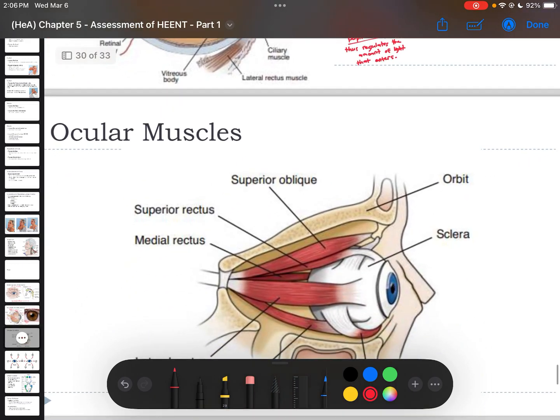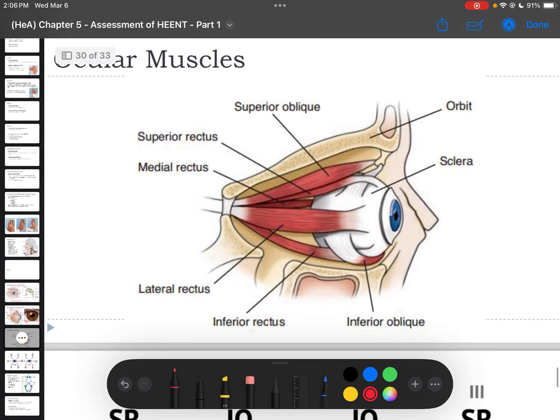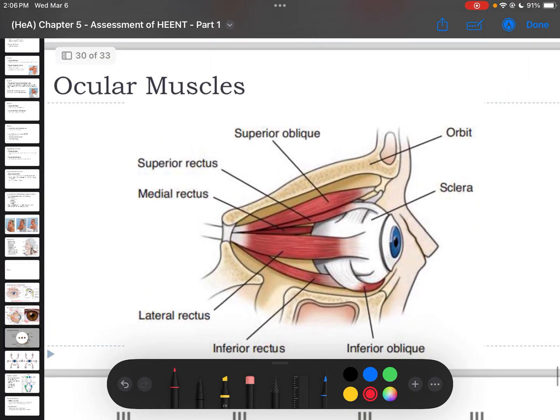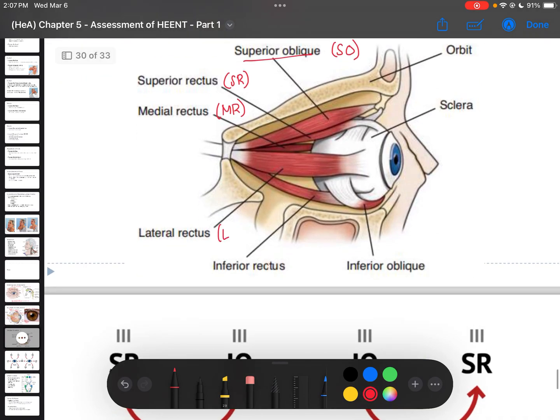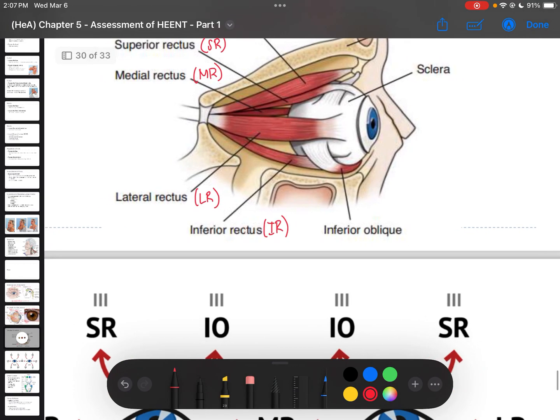Now, next we will discuss our eye muscles. In our eyes, we have 6 ocular muscles: the superior oblique, SO; the superior rectus, SR; the medial rectus, MR; the lateral rectus, LR; the inferior rectus, IR; and the inferior oblique, IO.